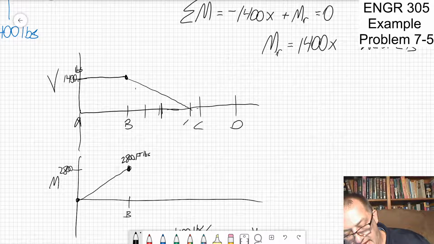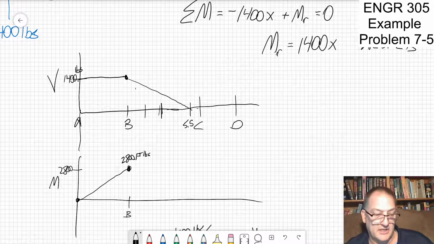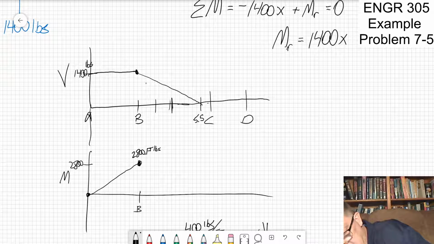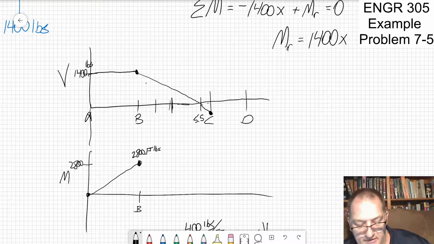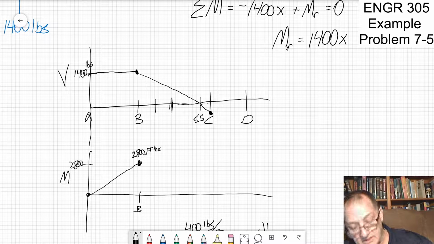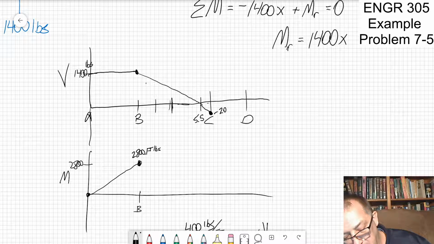This is at 5.5 feet is where that crosses, because 3.5 times 400 is equal to the 1,400. So that's that line, and this line continues to there. At that point, it's 4 feet away, so it's 1,600 pounds. So this is at minus 200.